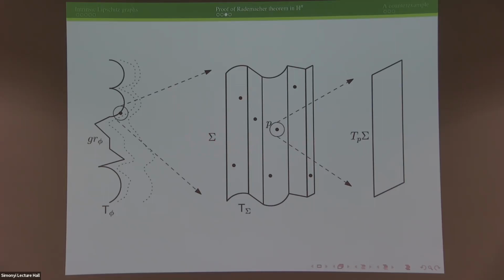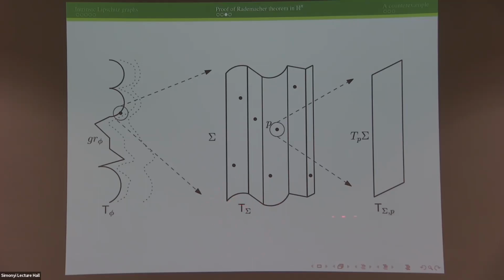Now, what we do is a second blow-up. So at almost every point P in this first blow-up sigma, we can perform a blow-up of sigma to get a tangent plane TP sigma. And exactly as we did before, in the blow-up argument, when we blow the submanifold up, we can also keep track of the associated current.